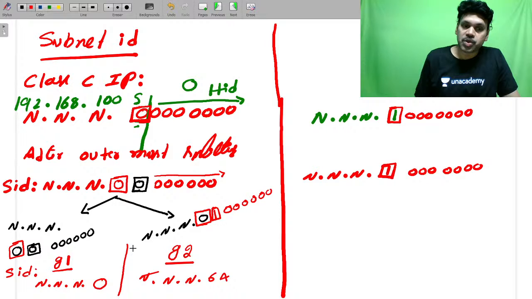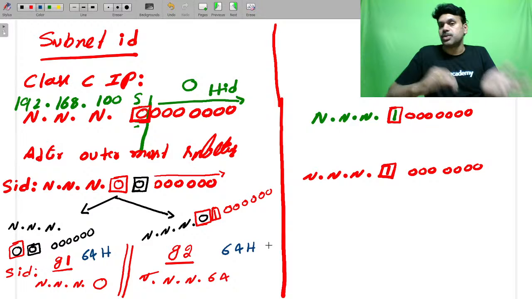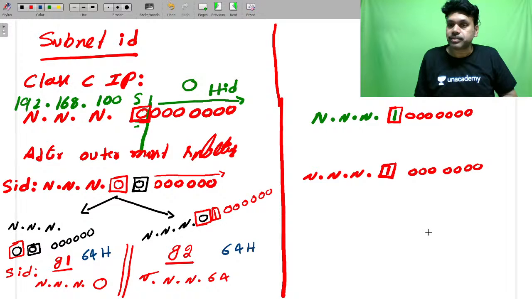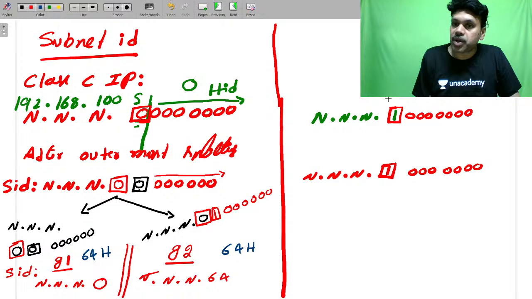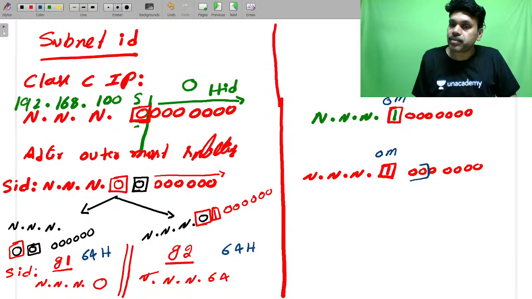So 2 subnets we got. And each subnet costs how much? 64 HIDs. This is also 64 HIDs. So come to this side. So this is your outermost, which happened already. Now you need 4 parts here. Therefore 2 bits are used. So your zeros are only 5 bits.